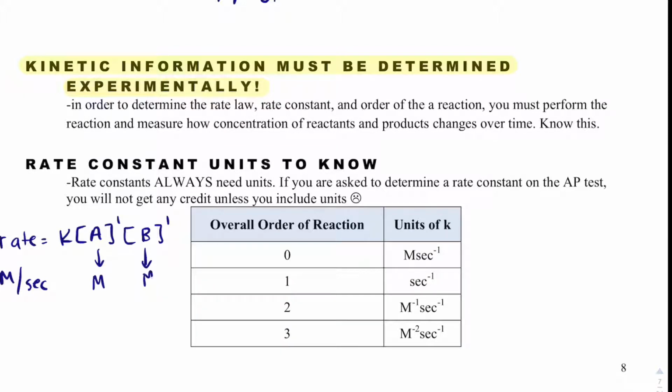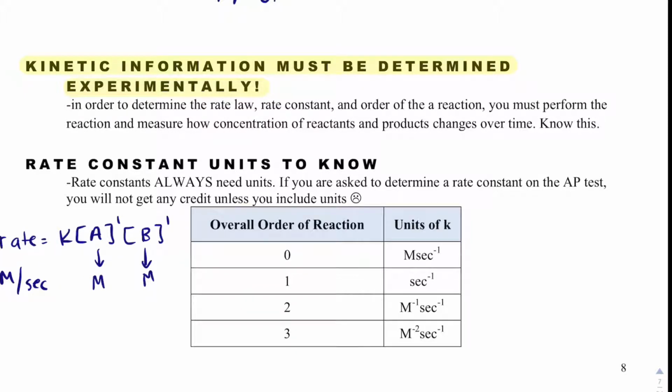And so what happens with K is K's units change, because if I have something that has molarity times molarity and I need to solve for molarity per second, K will give me the appropriate units to do that.